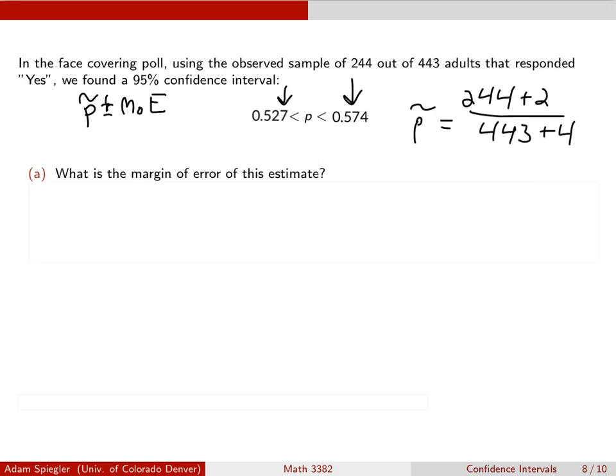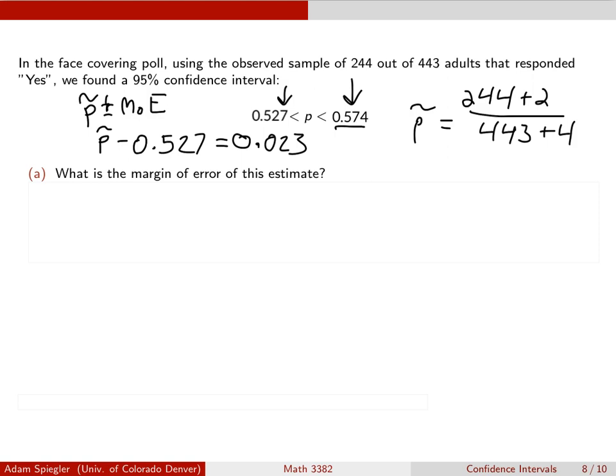So for example, if I take the p tilde and subtract the 0.527, the lower estimate, that's going to give me an estimate for the margin of error. And that comes out to a little bit more than 2%, so it's 0.023. And you can check that if we were to add this to our p tilde, then that would give us the upper estimate. So for the Agresti-Coull 95% confidence interval, we had a margin of error of about 2.3 percentage points.